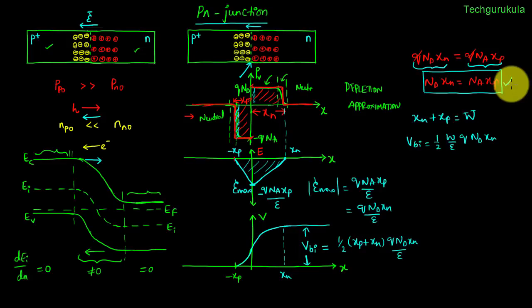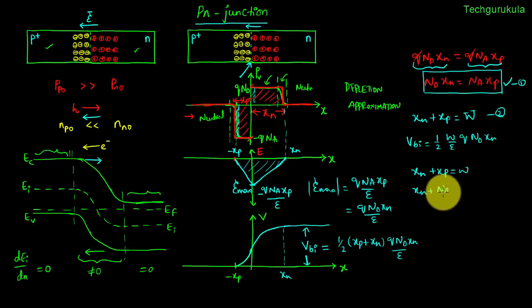And from equation 1 and equation 2, we can write xn in terms of W. So xn plus xp is equal to W. To find xn, substitute xp, which can be written as Nd xn by Na.